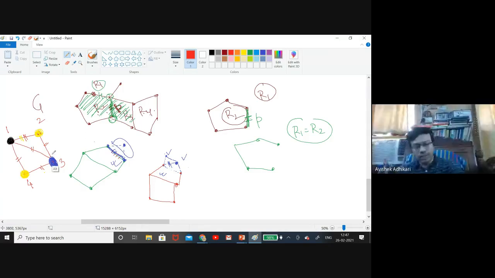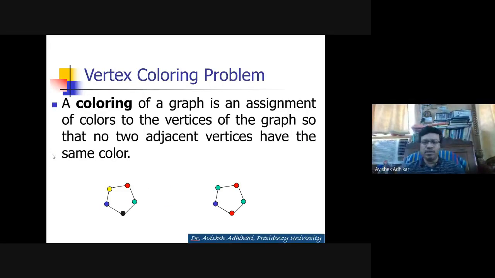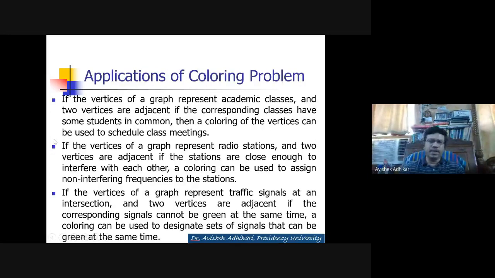Okay. So this minimum number is having a special name, and that has lot of applications in real life. For example, if the vertices of a graph represent academic classes, suppose in this class, say this is a special paper class. So somebody might have taken the linear programming and optimization techniques.